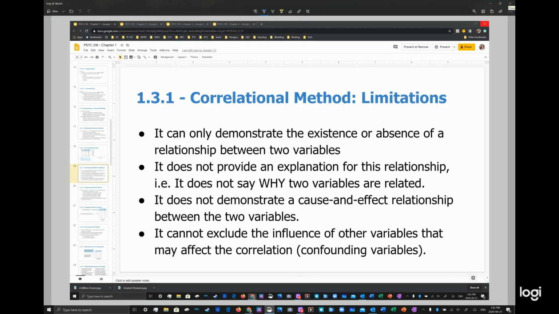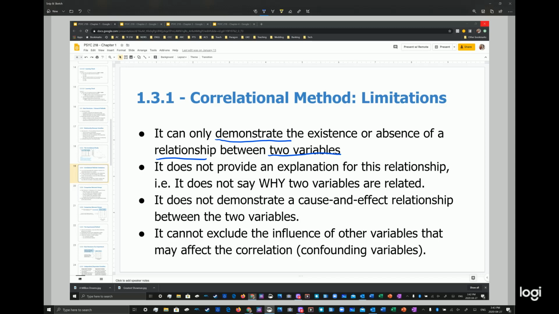Correlation studies, as you've seen from the last picture, only help us demonstrate whether there is a relationship between the variables. So if you see directional changes, for example, as a student spends more time waking up, their academic performance seems to go lower.